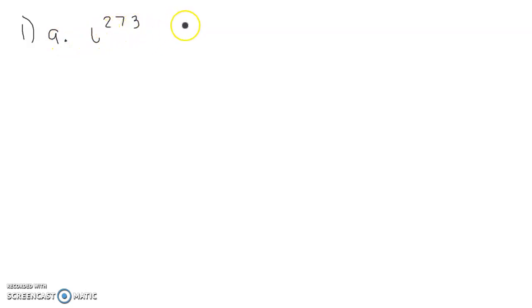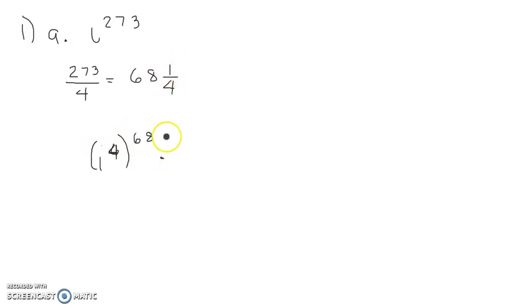First, we divide 273 by 4, and we will get 68 and 1/4, meaning i raised to 4 raised to 68, times we have one remaining i. If we simplify this, that's also equivalent to i to the 272 times i, or i to the fourth, which is 1, raised to 68, times i, which is equivalent to i. So this is equivalent to i.